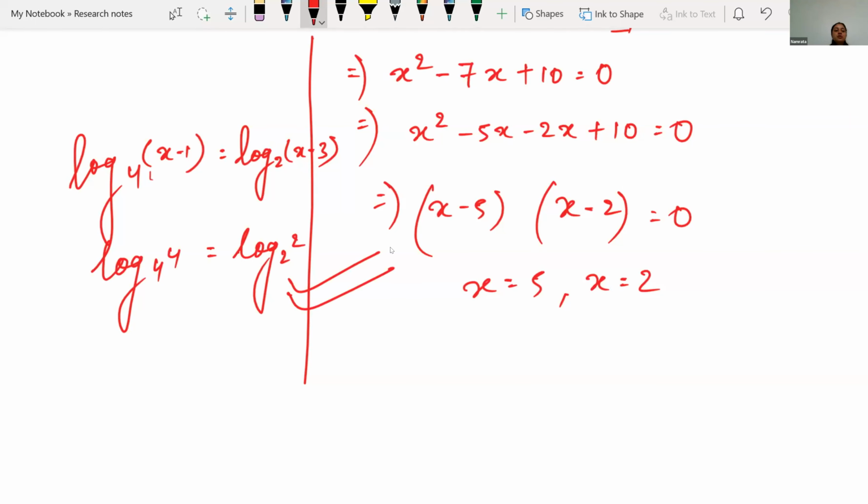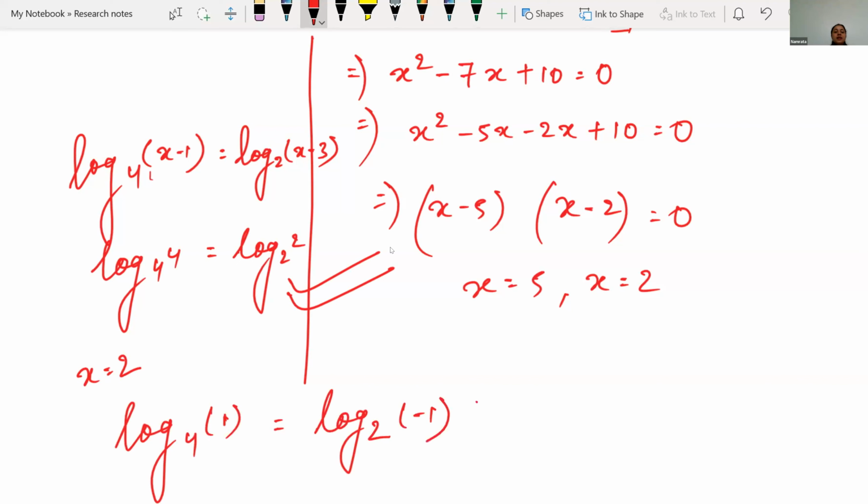Let's substitute 2. When x is 2, what are we getting from the original equation? We will have log of 2 minus 1, 1, base 4, is equal to log base 2 of 2 minus 3, negative 1. Logarithm of a negative is not defined.